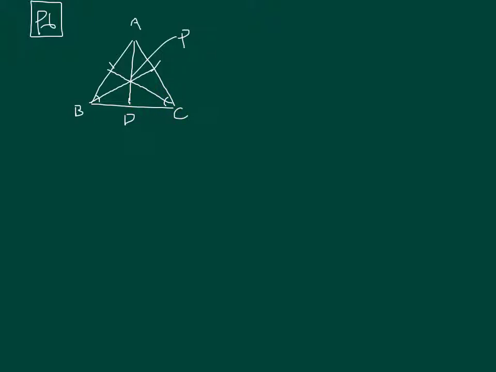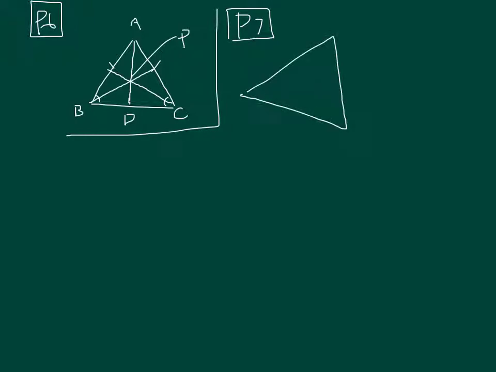Problem number 7. In triangle XYM, XE is a median, so E is a midpoint, in other words. And segment XY is congruent to segment XM. The bulleted list below is a sketch of a proof that triangle XEM is congruent to triangle XEY.